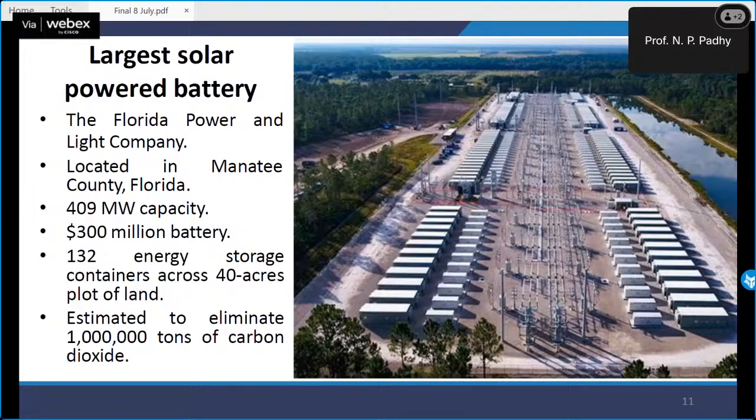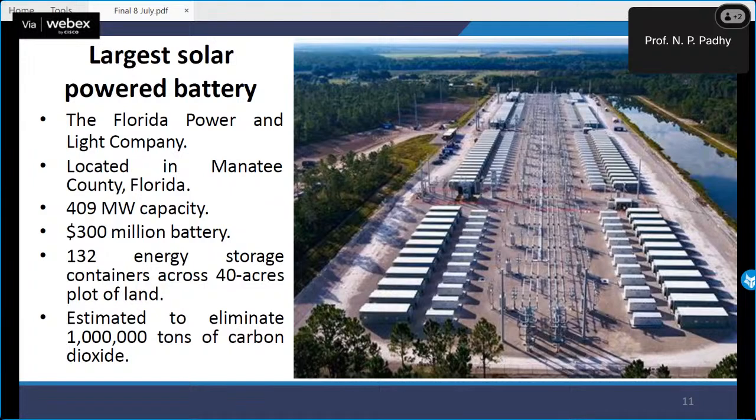It is deployed in Florida, by the Florida Power and Light Company, located in Manatee, Florida. The capacity is as high as 409 megawatt. Imagine, close to half a gigawatt.